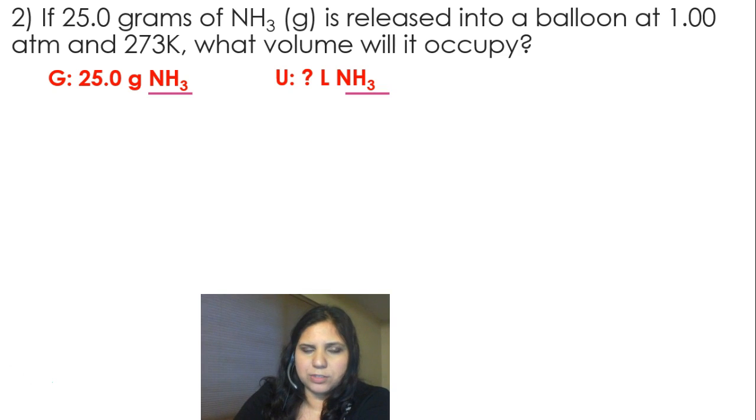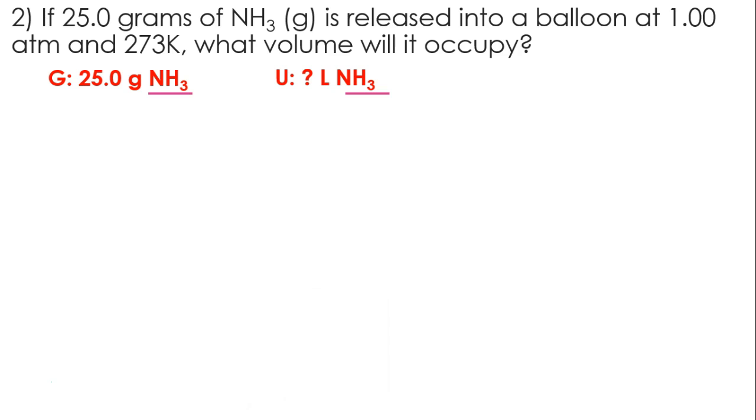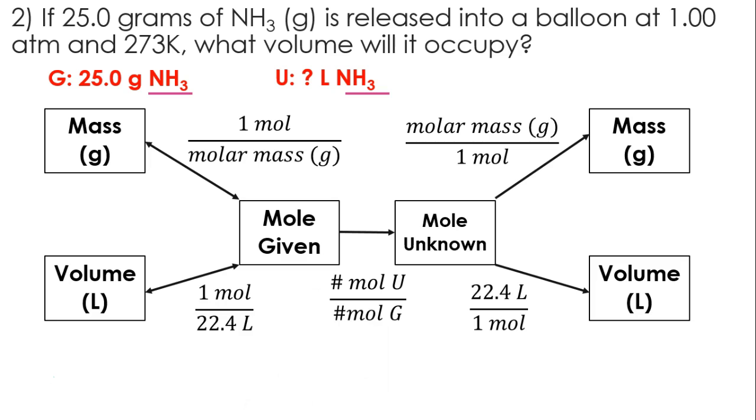So NH3 and NH3. If we look at that map again, we are starting at grams of the given, which is right here. Remember, the left side is for the given, the right side is for the unknown. And we want to make our way all the way to liters of ammonia. Careful. The unknown is still in terms of ammonia.